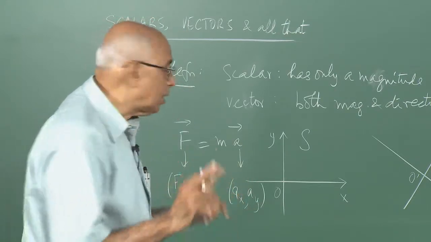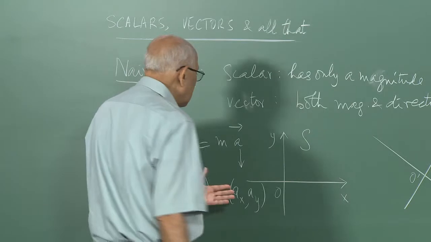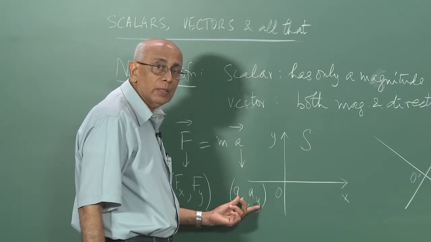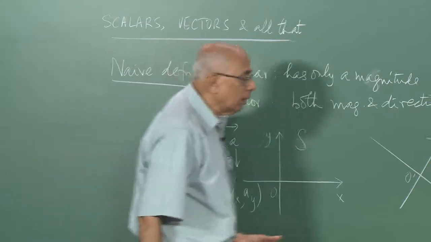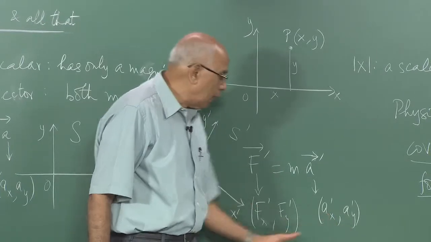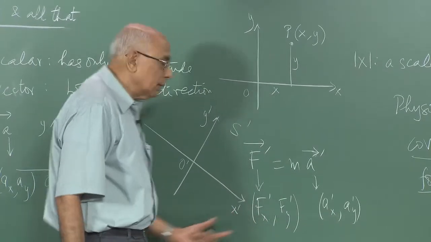Numerically, yes, it will change, because any acceleration you measure in this frame, the numerical values that you have for these components at any instant of time would be different from the numerical values you have in this frame, as would the force components.